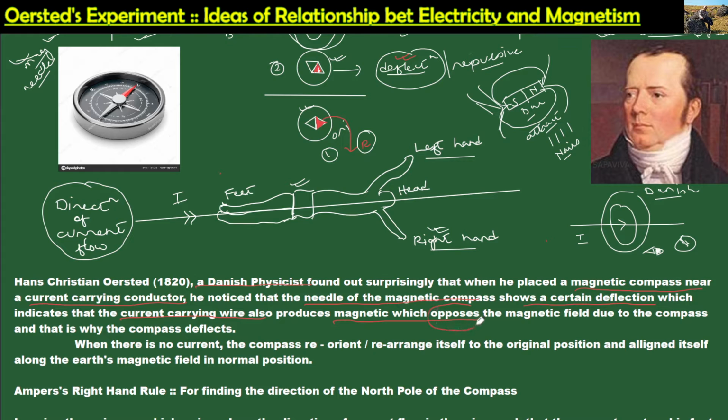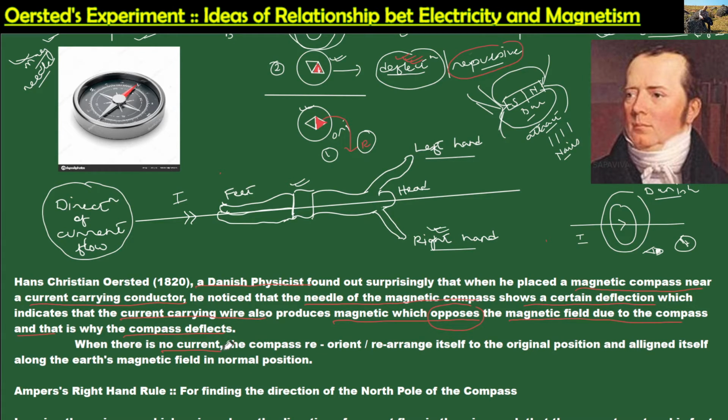This magnetic field produced by the wire opposes the magnetic field of the magnetic needle, which manifests itself in the form of deflection. It opposes the magnetic field due to the compass, and that is why the compass deflects.